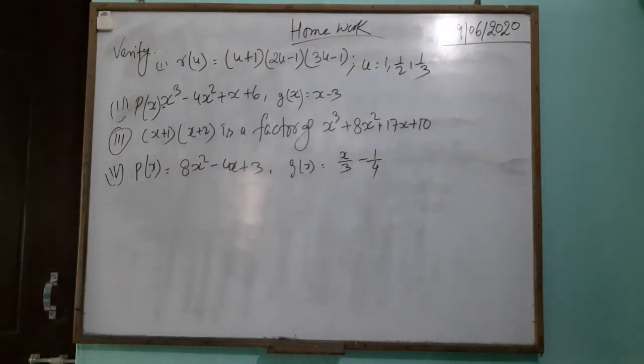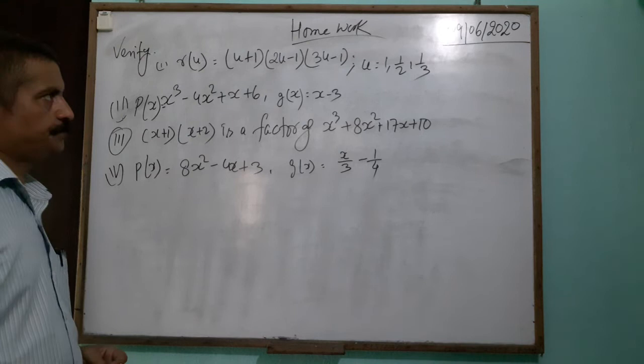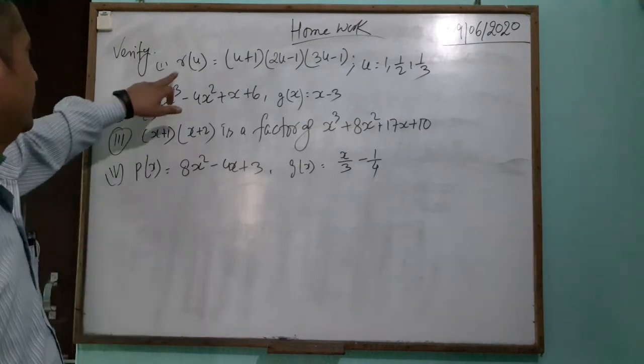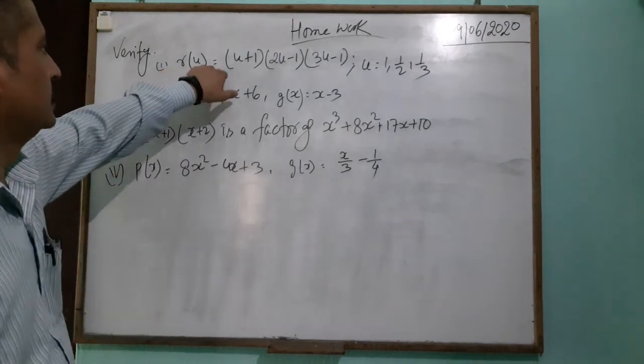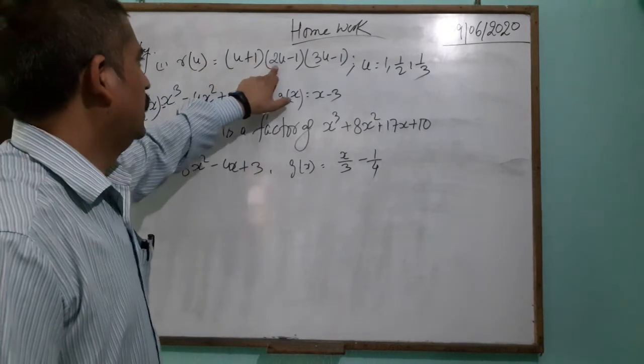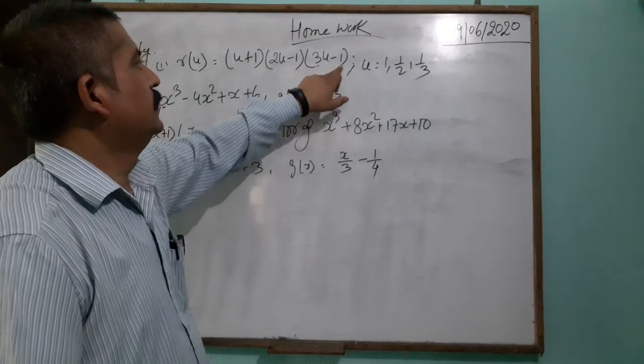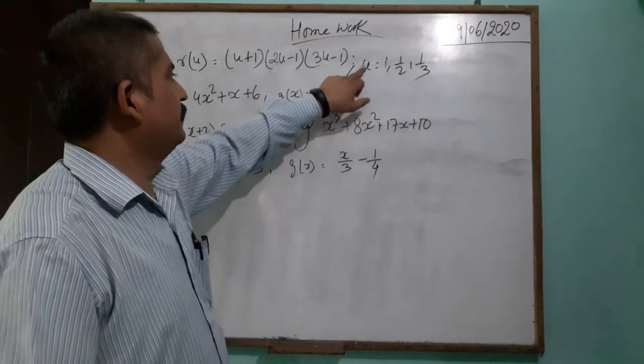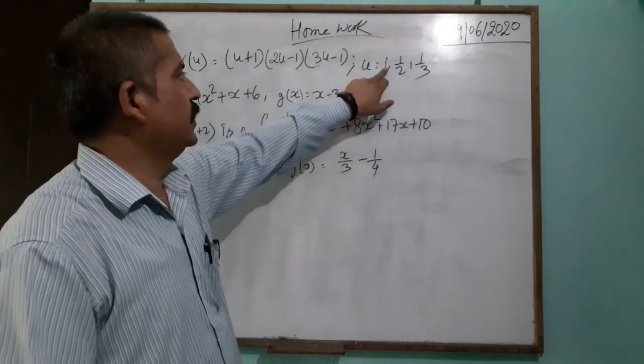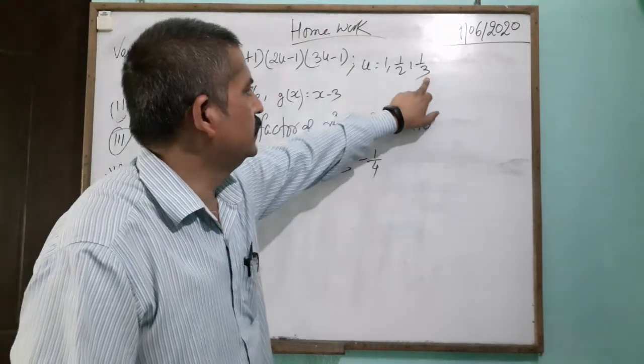So 4 questions for your homework. First, if p(u) equals (u plus 1)(2u minus 1)(3u minus 1), verify that the value of u is either 1, 1 by 2 or 1 by 3.